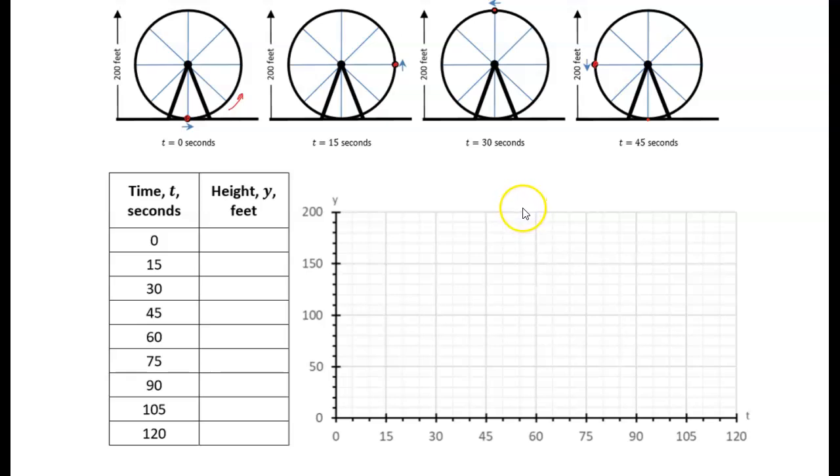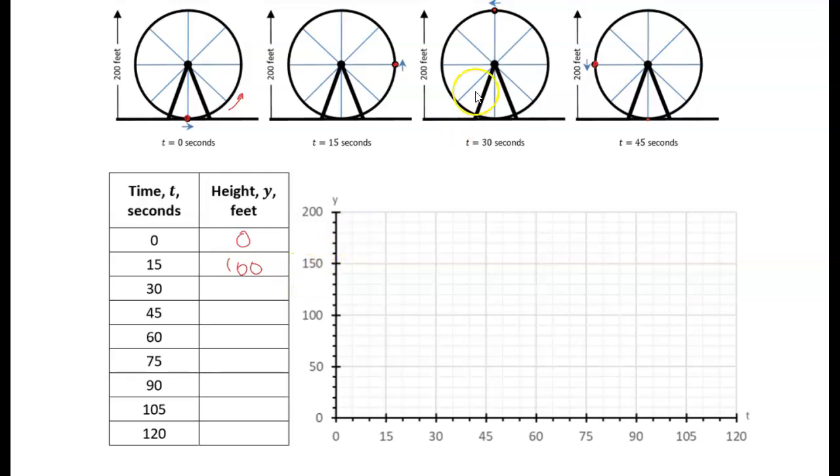At t equals 0, we're at ground level, so our height is 0. At t equals 15, we've gone a quarter of the way around the circle, but we're halfway up as far as our maximum height. The Ferris wheel is 200 feet in diameter, so we're at 100 feet.